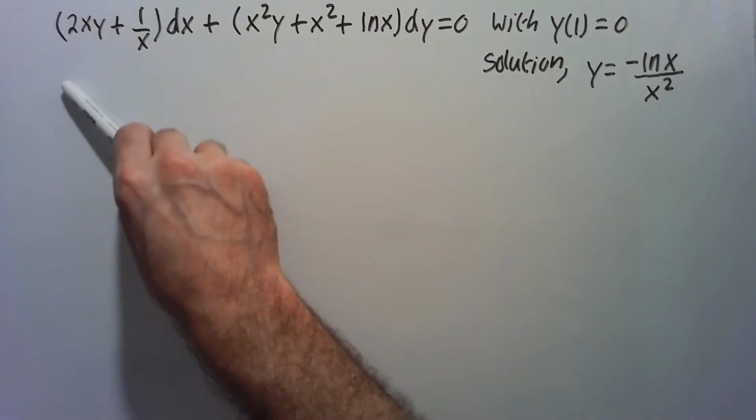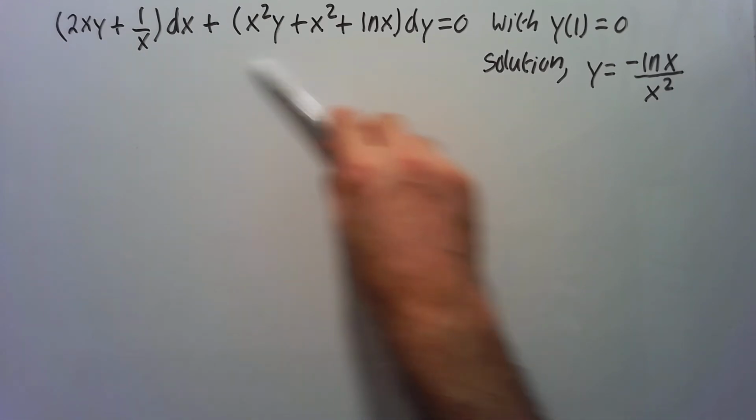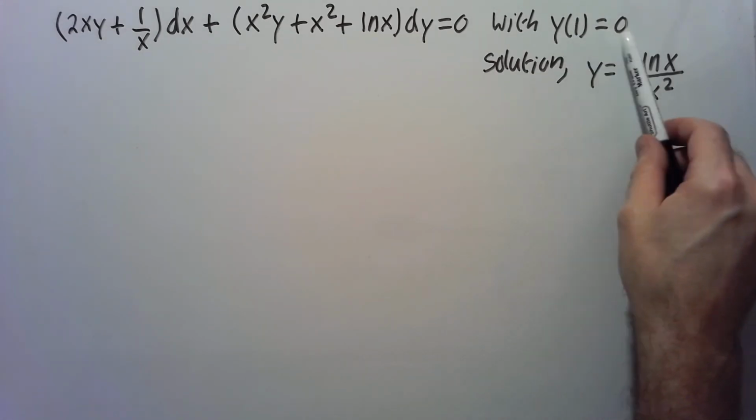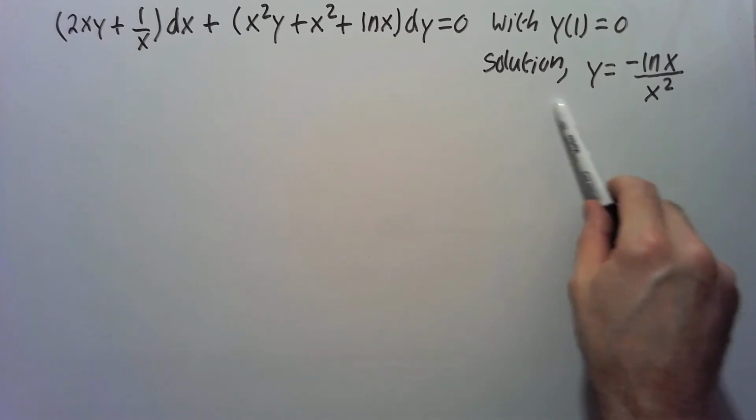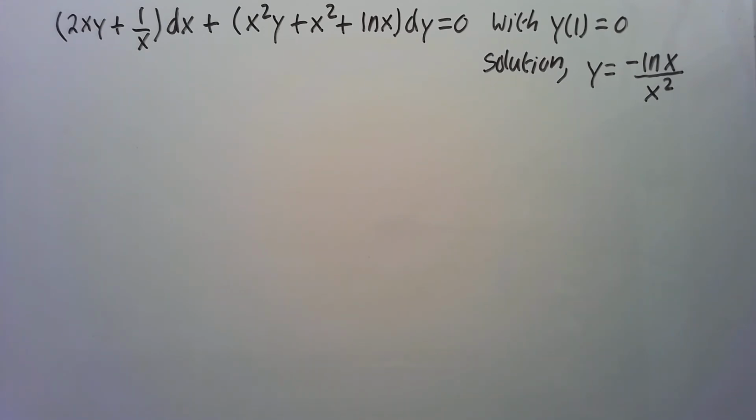Okay, so here was our original question we had as our differential equation. We had our initial condition y of 1 is 0. We found that this was the solution. And I'm claiming this is related to question 1 on the practice test.